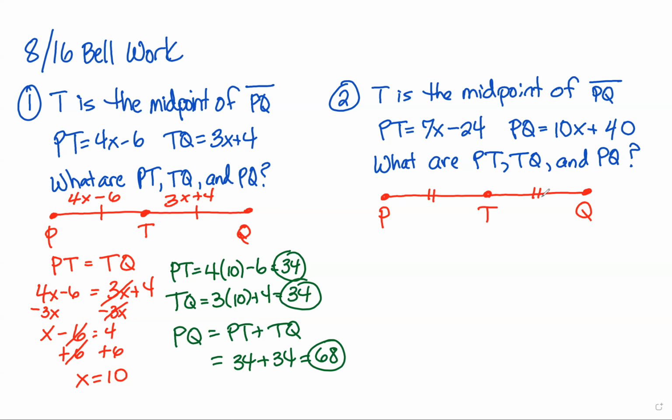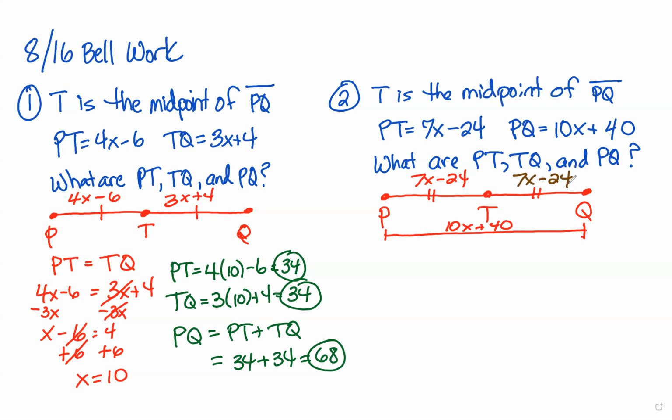P to T is 7x minus 24, but this time we are given P to Q is 10x plus 40. All right, so now we're going to solve this problem using an equation. Of course, the first thing we should recognize is that the left side equals the right side.